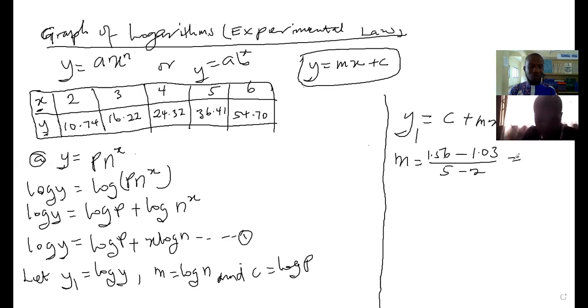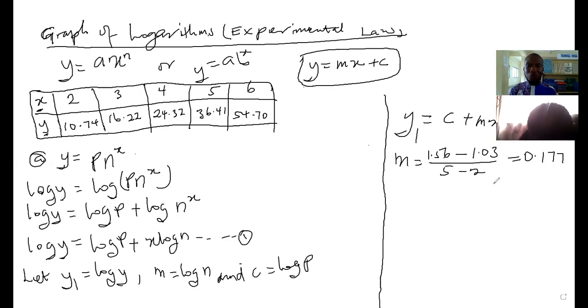When you do the division, you get m to be 0.177. So 0.177 is our gradient, which is our m.